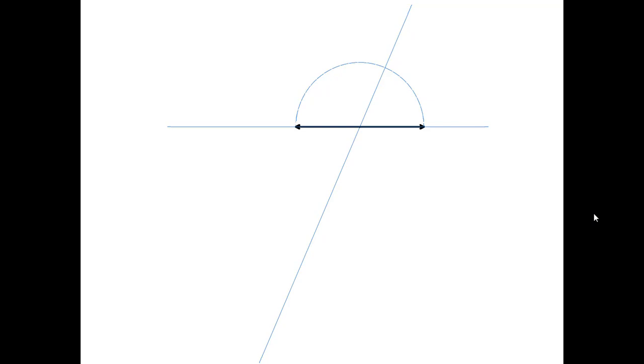Next, we take another straight line and we cross the original line, intersect the original line, and that 180 degree sweep then is divided into two angles, one of which is acute, less than 90 degrees, the other one obtuse, and those two angles then, A and D, they must sum to 180 degrees.